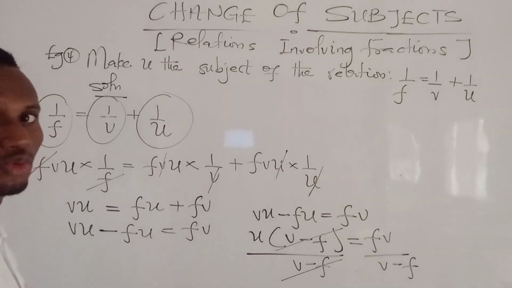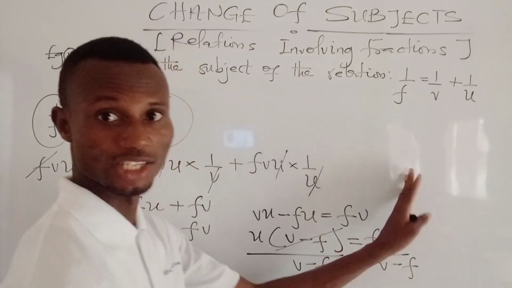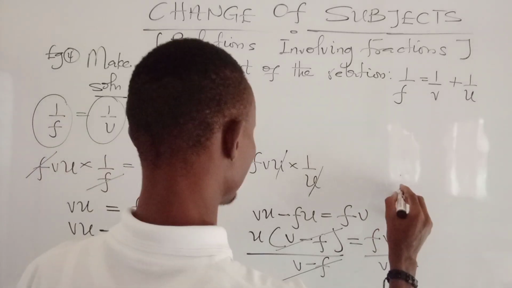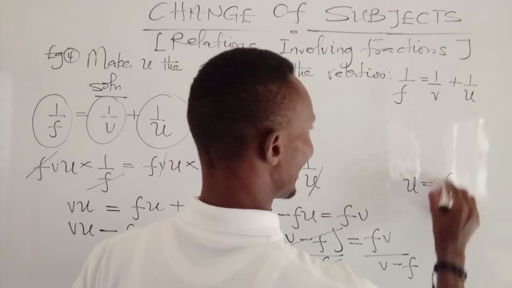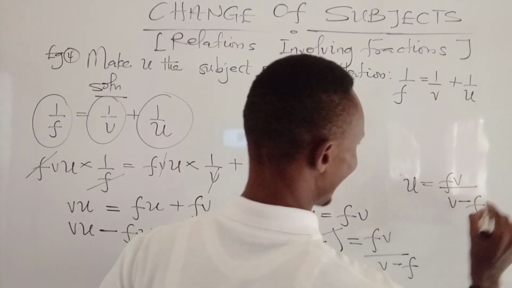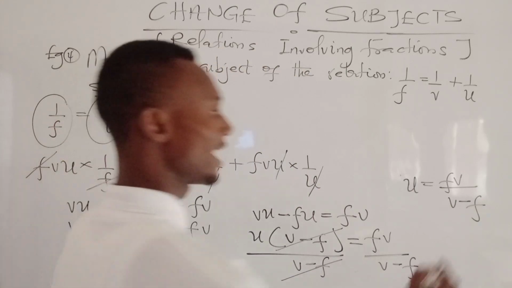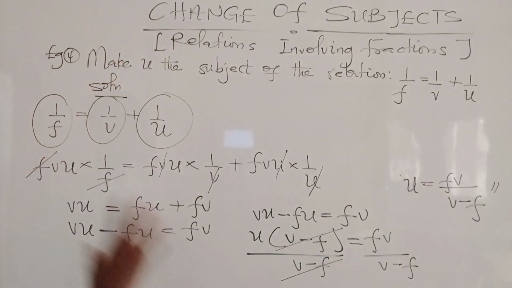So what we have left, let me repeat it from this side so that you see it well, is U equals FV all over V minus F. And that is our final answer for making U the subject from the given equation.